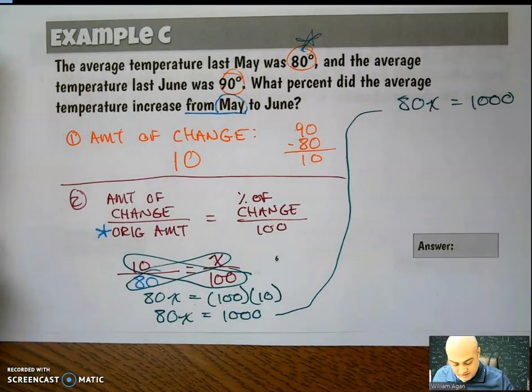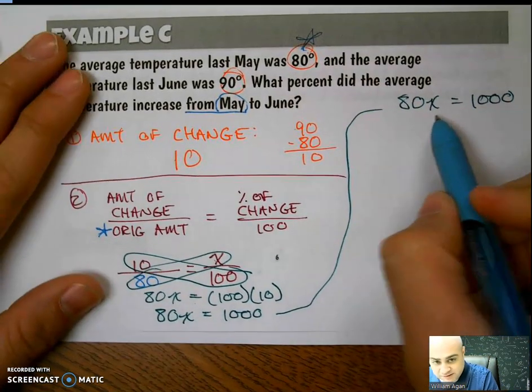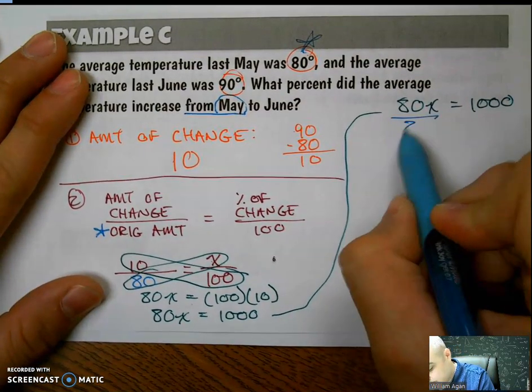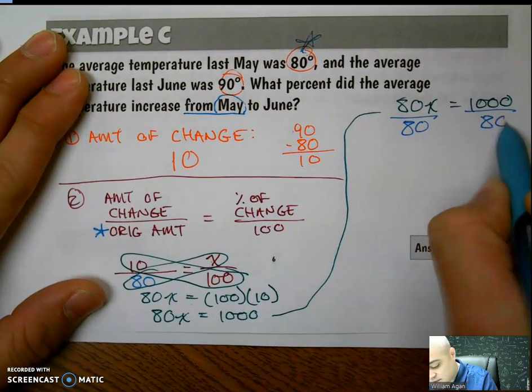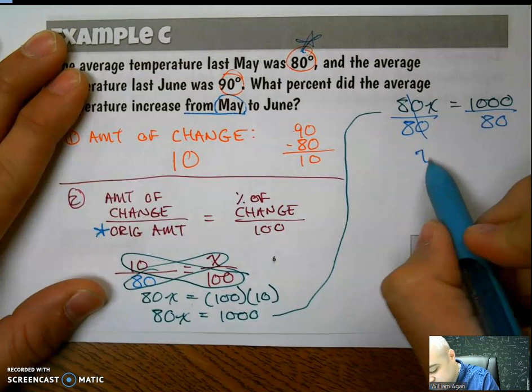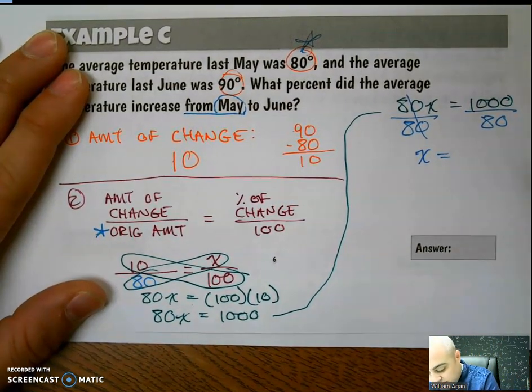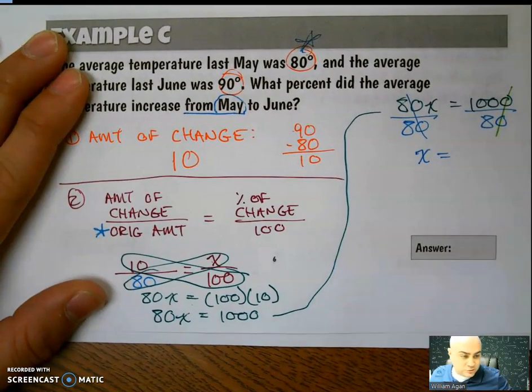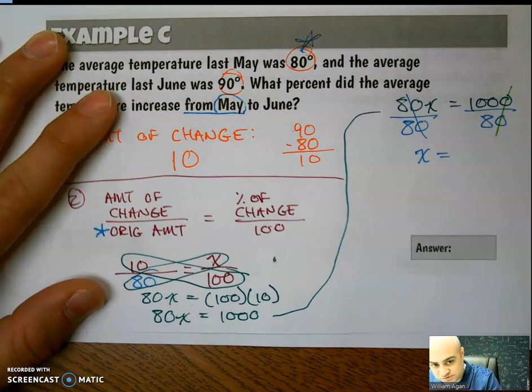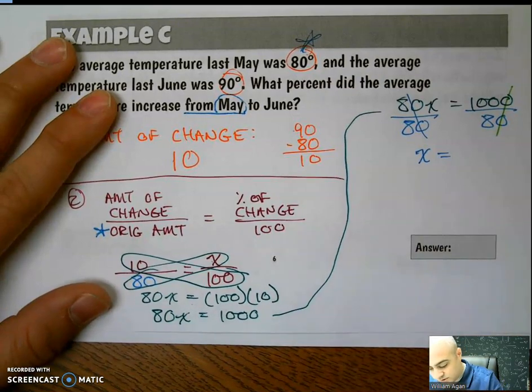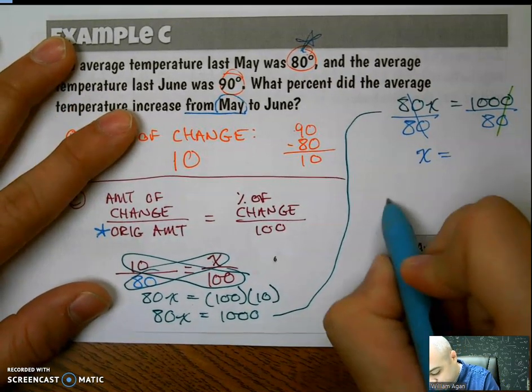Now I need to get x by itself by dividing both sides by 80. And those go away, x is by itself, and this is something nice right here. Whenever you have matching zeros at the end, you can cancel those out. So now I just have 100 divided by 8.